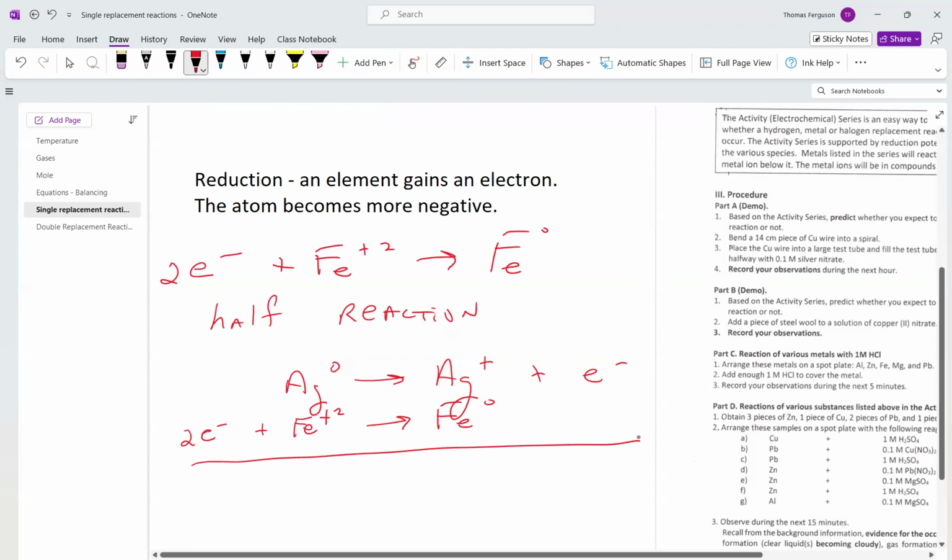Now, do you see a problem with that? So the silver is giving up an electron right here on the top. That silver is giving up 1 electron. On the bottom, iron is receiving 2 electrons.